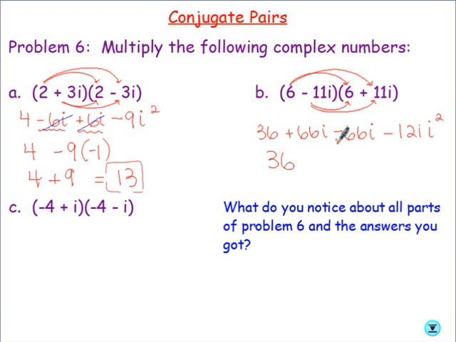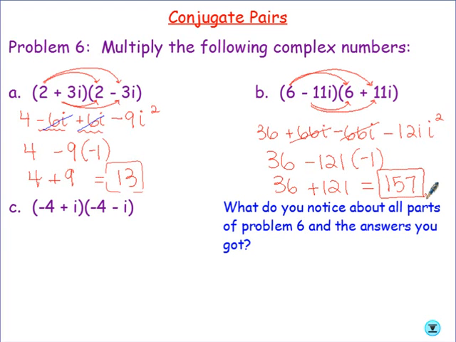Positive 66 and negative 66 cancel. Negative 121 we're okay with, but i squared we change to negative 1. 36, negative 121, and negative 1 make a positive 121. And 36 plus 121 is 157.